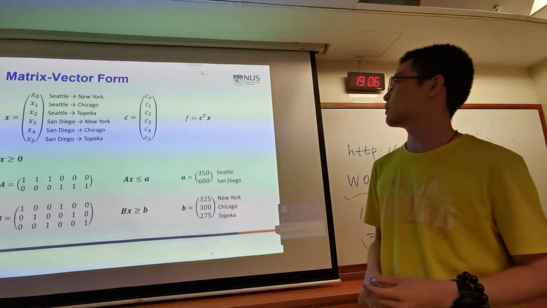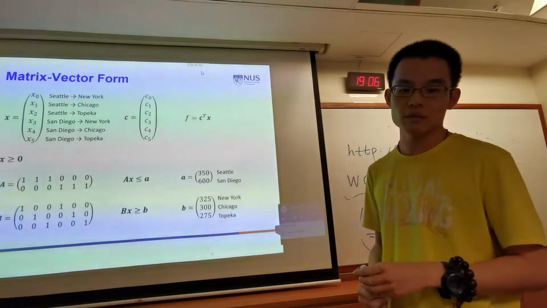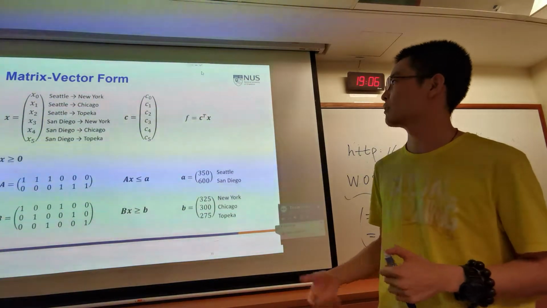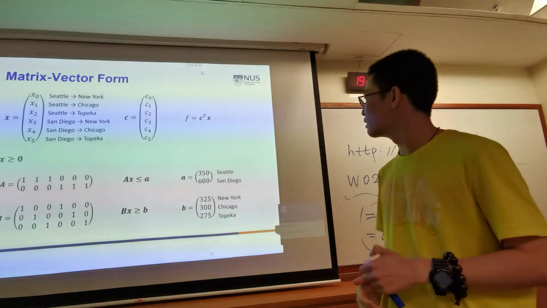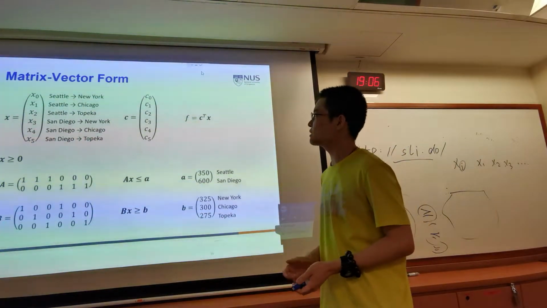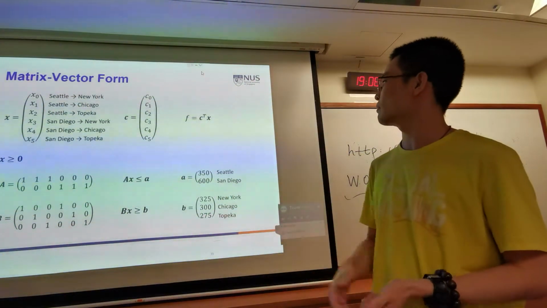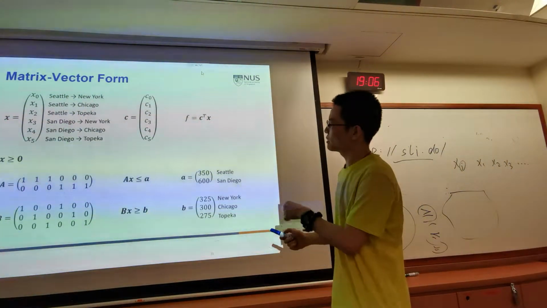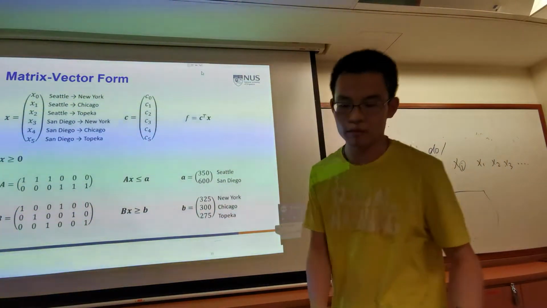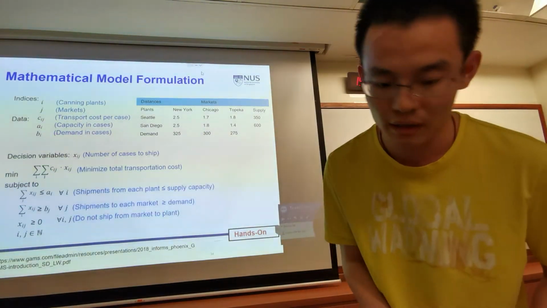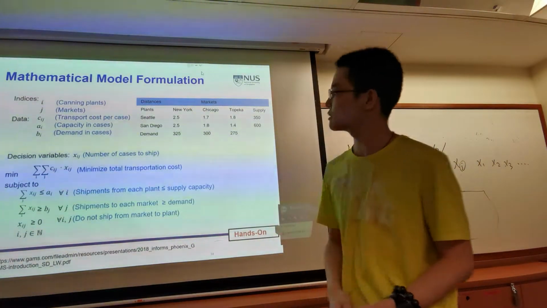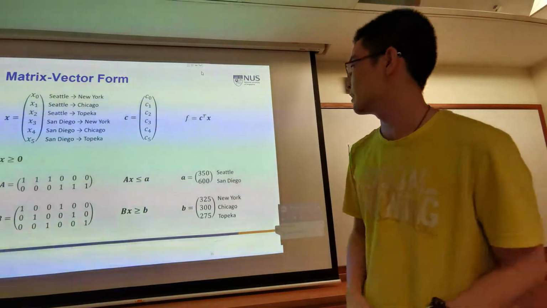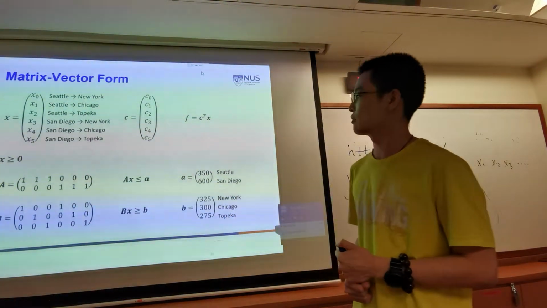The first element corresponds to everything shipping from Seattle, while the second corresponds to everything shipped from San Diego. So the matrix A multiplied by the vector x must be smaller or equal to the availability of cans, as in the first constraint. Now it's translated into matrix and vector form.